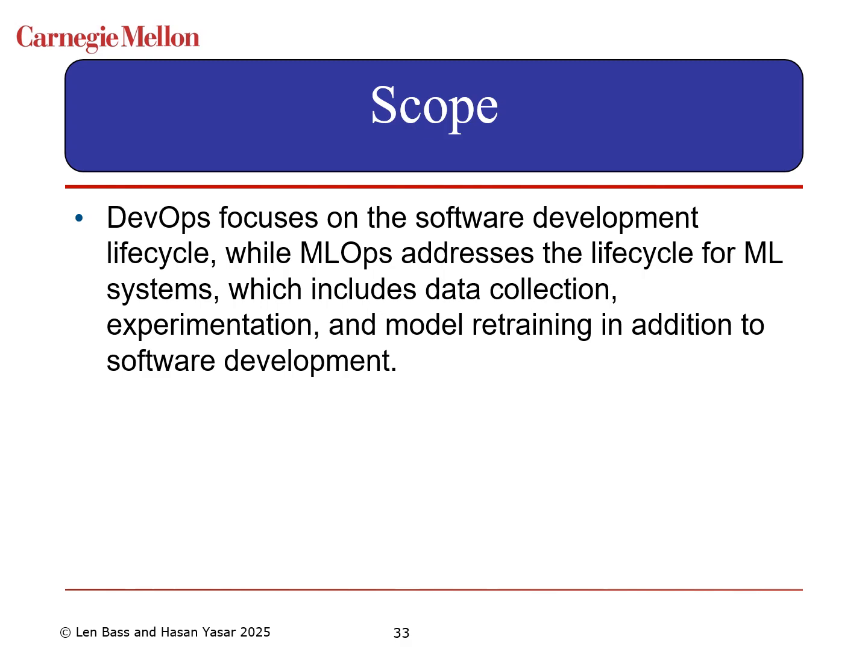And so that's both the data collection, the experimentation, and the model retraining, in addition to doing the software. So you can think of this life cycle of a machine learning model, which we talked about in the beginning, and compare that to the life cycle of software. And they're different.